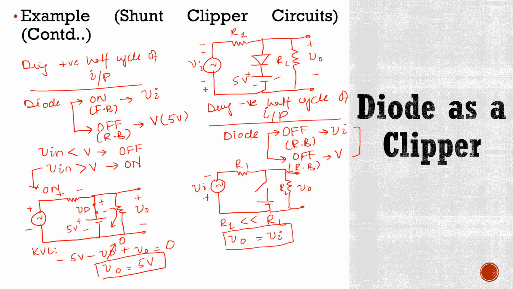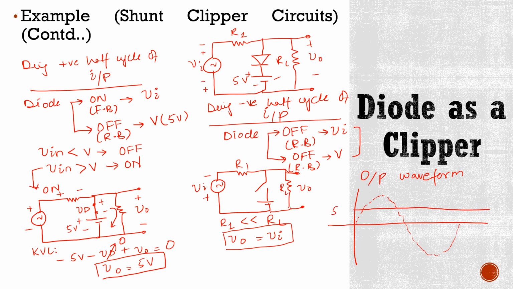So what would be our output waveform here? We know that our input signal was like this, and our transition voltage was 5 volts. When this input voltage was less than 5 volts, this diode is off, and when this diode is off, output voltage is equal to input voltage.